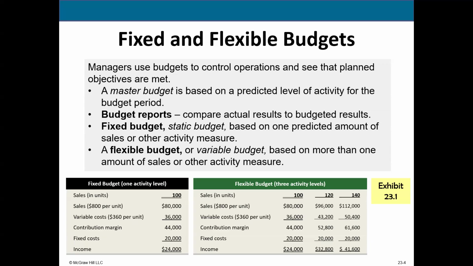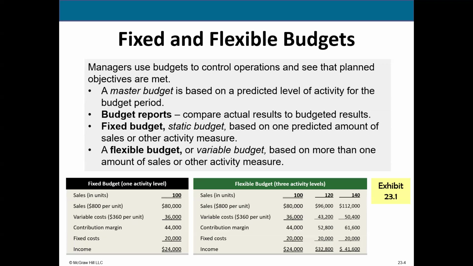There are really two different types of budgets that we have. One is a fixed budget. The other one is called a flexible budget. A fixed budget, as the name implies, is a static budget. It's fixed. It does not change with the level of output.